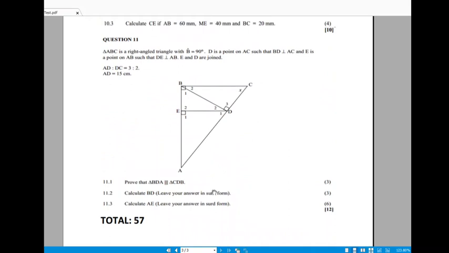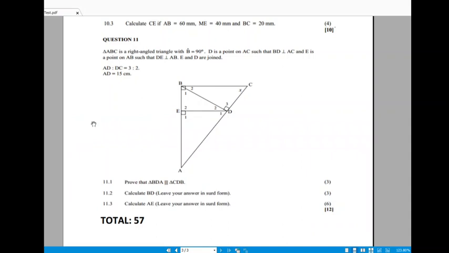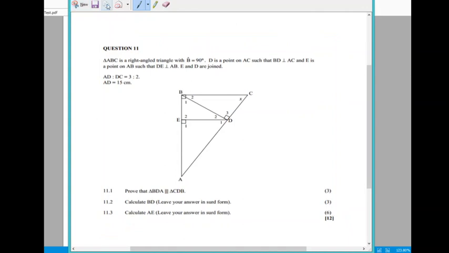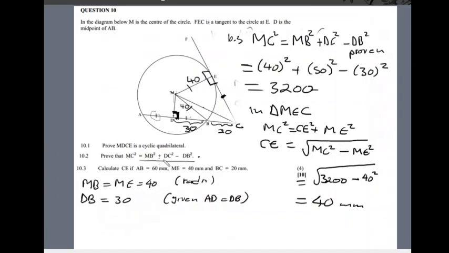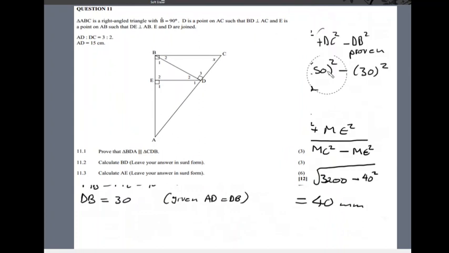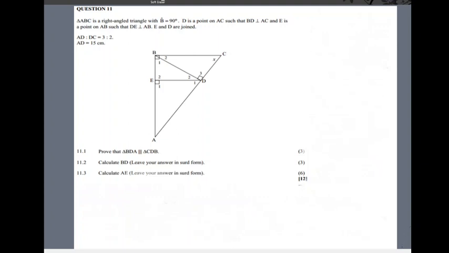Okay, now we can go to question 11. Again, we are given that triangle ABC is a right-angled triangle with B equal to 90 degrees. So this angle B, B1 plus B2 is equal to 90 degrees, right?